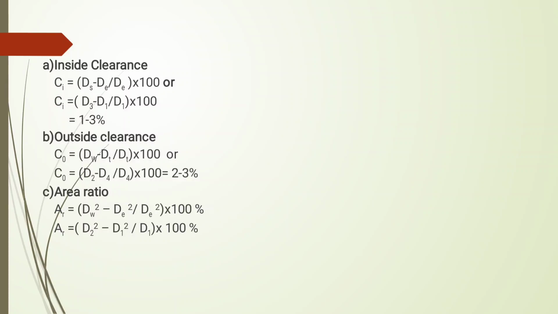Outside clearance means Co equal to (dw minus dt) divided by dt into 100, or Co equal to (d2 minus d4) divided by d4 into 100. And area ratio, we write it as AR equal to (dw square minus de square) divided by de square into 100%. Inside clearance value should be between 1 to 3%. Outside clearance value is 2 to 3%.